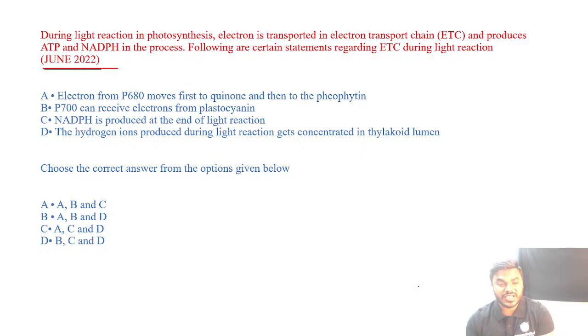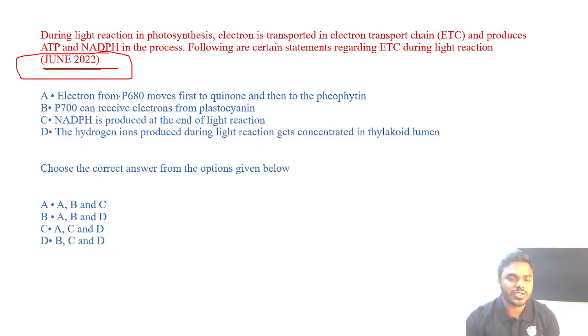Such an easy question, such a direct question, very simple. Just like that we will get 4 marks. No need to study anything. From photosynthesis only 2 questions came, one 2-marker and one 4-marker. You can answer this question without studying.